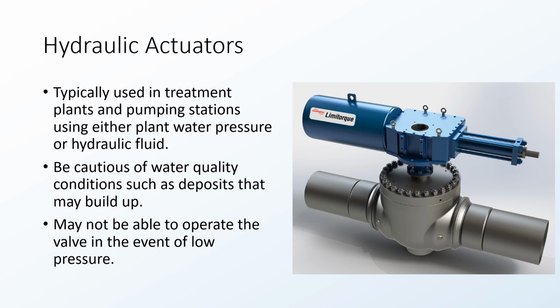In Southern California, for example, we have hard water, so you would have scale buildup. That's one of the things you would have to maintain over time, and you want to prevent scale buildup because it can hinder your valve operation. The valve might also not be able to operate in the event of low pressure, so you've got to make sure that you have adequate pressure anytime you're installing one of these types of valve actuators.